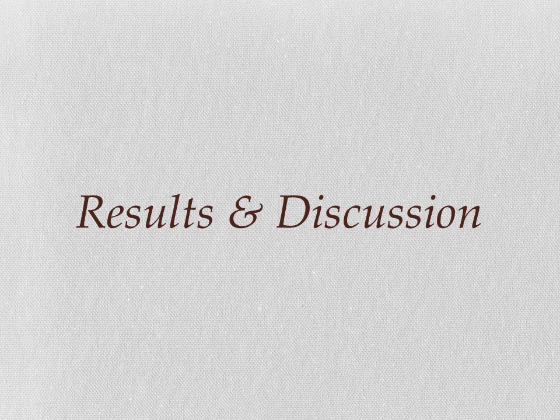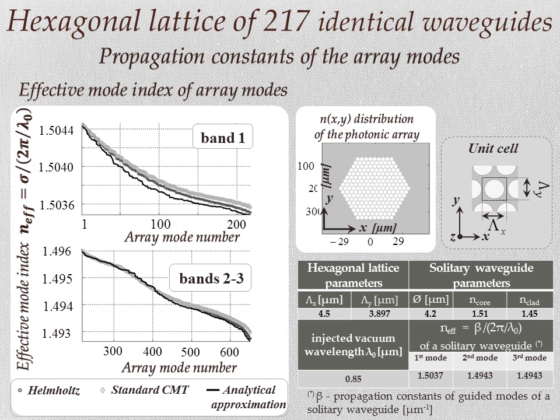Results and discussion. As a first example, let me show you an array of 217 identical waveguides arranged in a hexagonal lattice. Here you see the parameters of the lattice. And this is a unit cell of the lattice. This is actually a solitary waveguide.